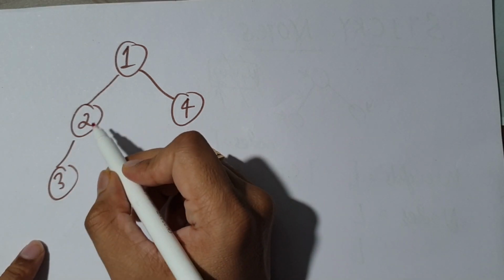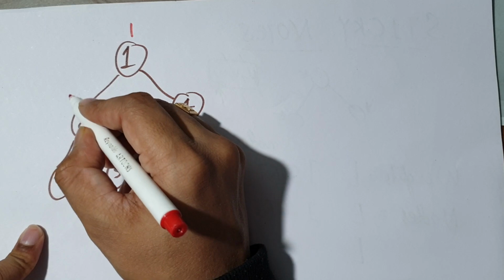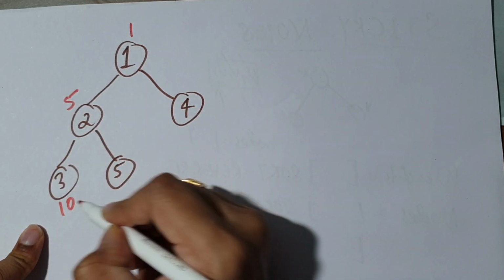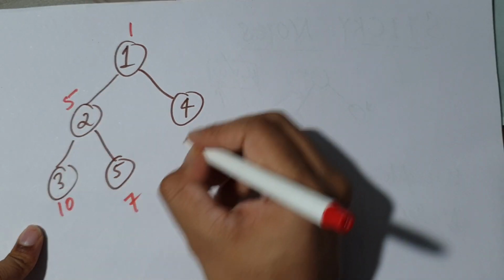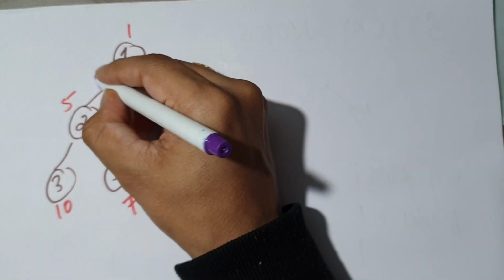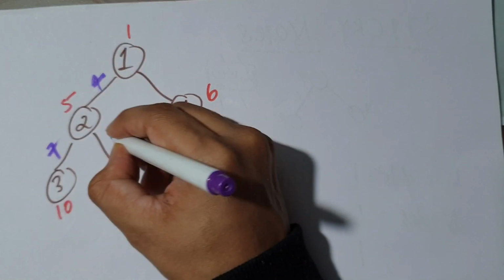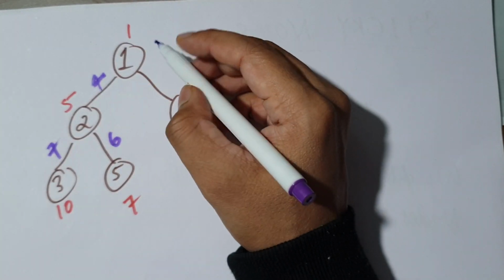These are not node labels, these are just the node numbers, the U and V values. The node labels are 1, 5, 10, 7 and 6, and the edge labels are 4, 7, 6, 8.